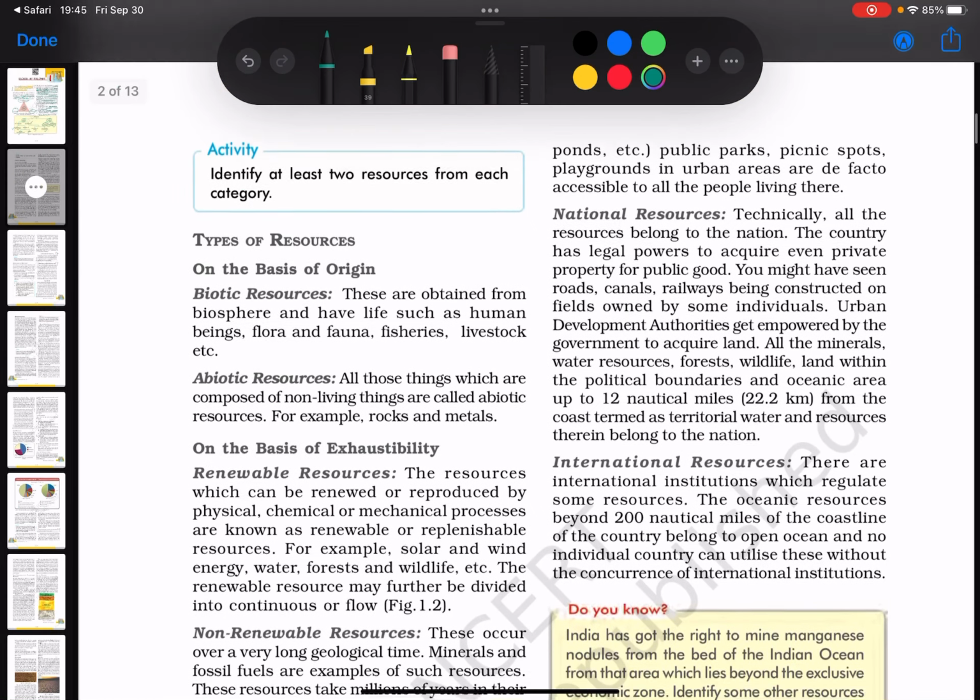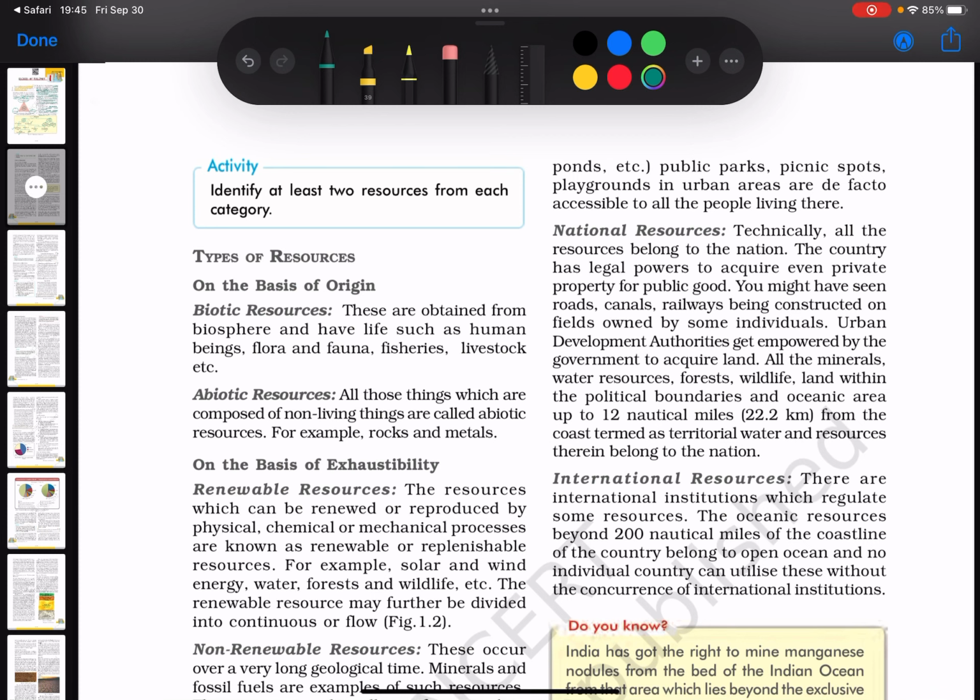So let us look now at the different types of resources that we classified earlier. The first one is on the basis of origin. So they are biotic resources and abiotic resources. Biotic resources, as the name says, are obtained from the biosphere and have life, such as human beings, flora, fauna, fisheries, livestock, and so on.